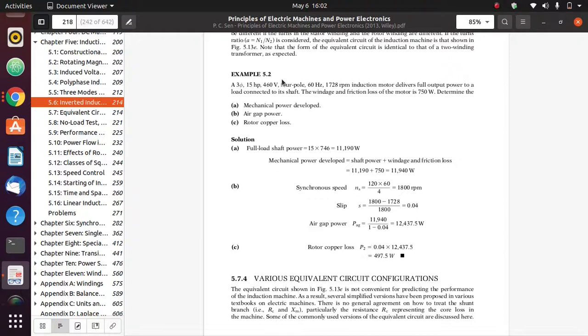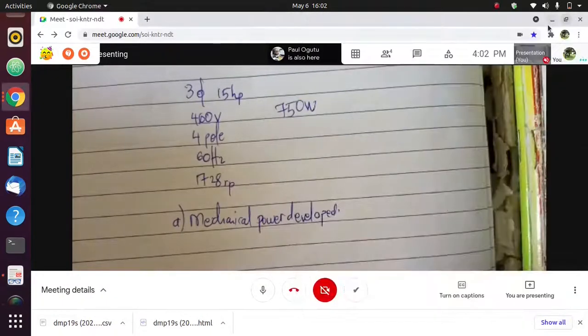Tuanzie hapo. Now, the full load shaft power. So we have to change that 15 horsepower to kilowatts. And how do we do that? 1 horsepower is equal to 746 watts.